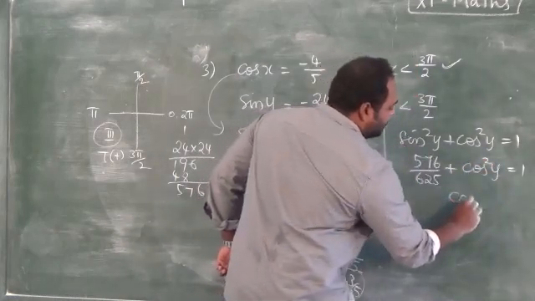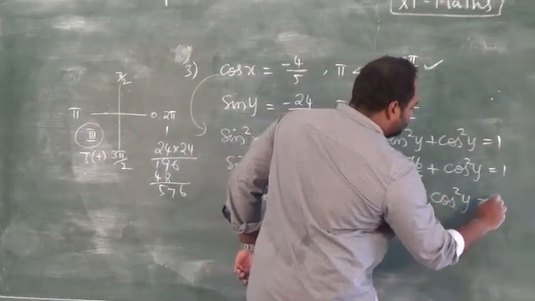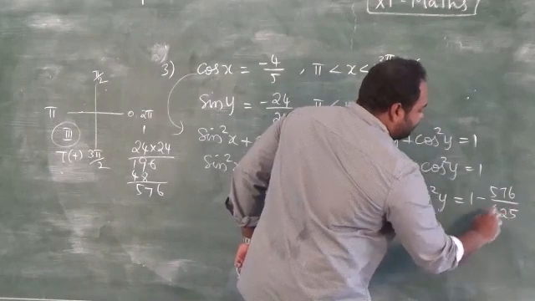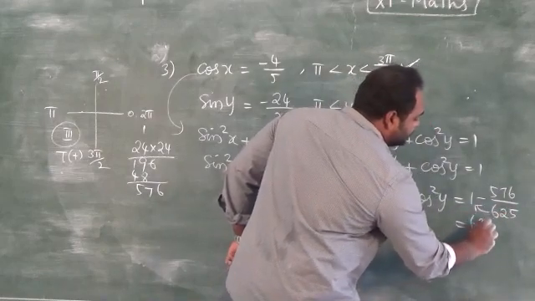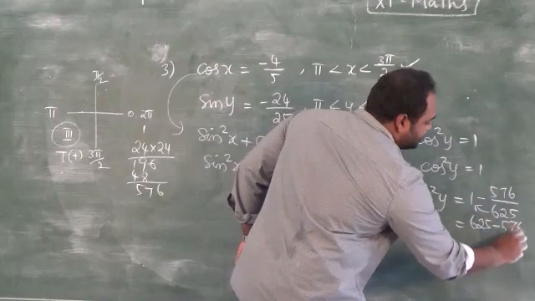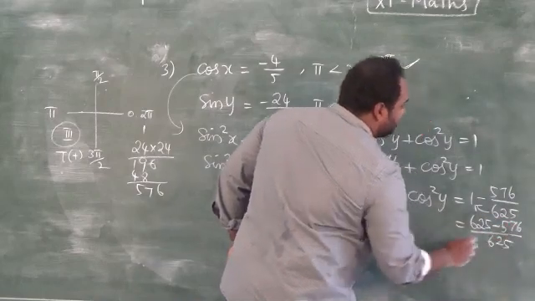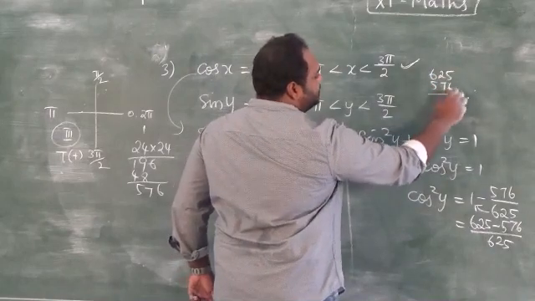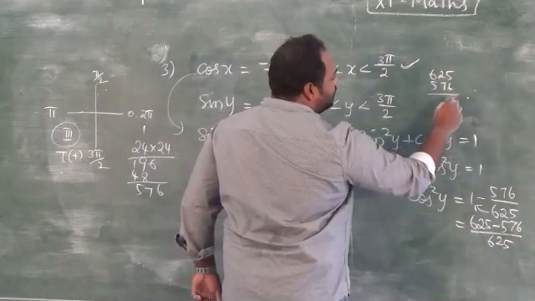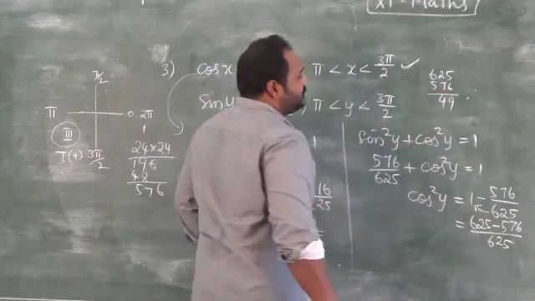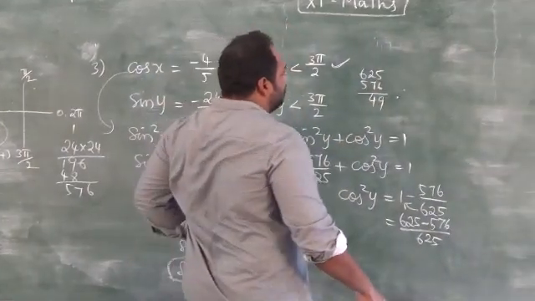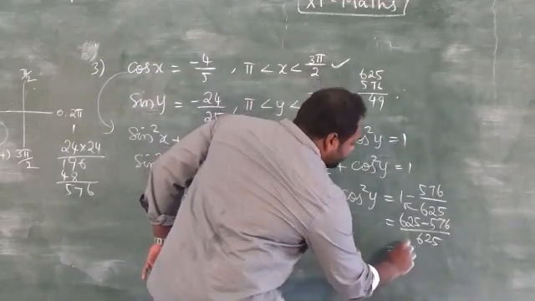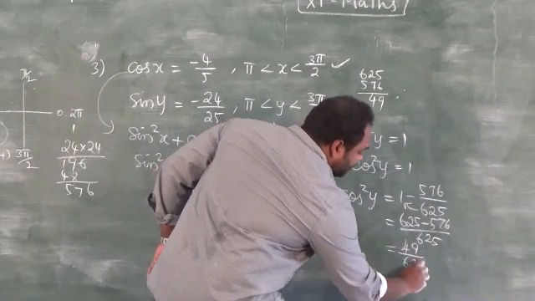If I carry it to that side, cos square y equals 1 minus 576 by 625. If I cross multiply, 625 minus 576 by 625, it is 49 by 625.